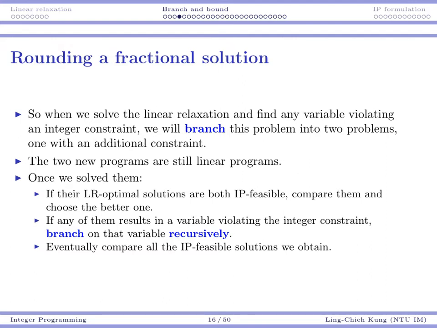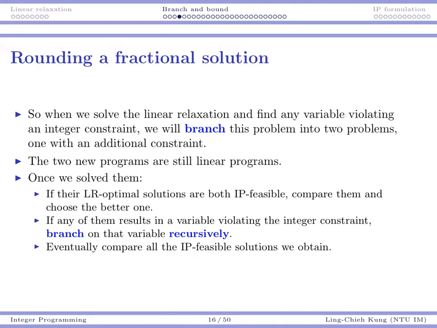When we solve the linear relaxation and find any variable violating an integer constraint, just like the second region I showed you, we will branch this problem again into two problems, one with an additional constraint. Any time we do this, we will always get linear programs, and each linear program can always be solved simply with graphs or with the simplex method.